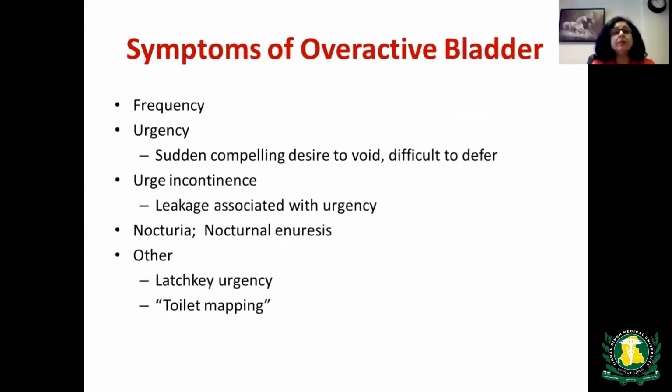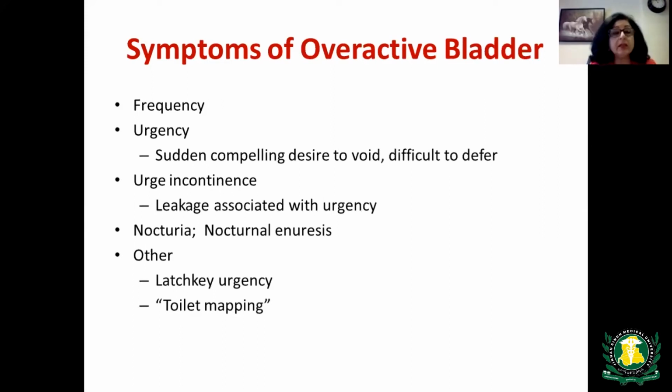So symptoms of overactive bladder are quite specific, because women will complain they go a lot, and that going a lot could be a result of urgency, or it could be because they do not allow the bladder to fill up enough to have this desire to void. So that is why they keep going to the toilet.